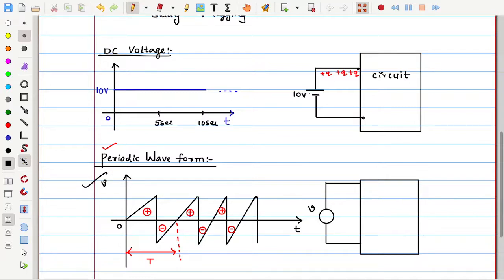Previously this was a constant, so I had represented it just like a battery. But here I am not representing anything as of now. So what I am saying is that this voltage nature is like this, left side.